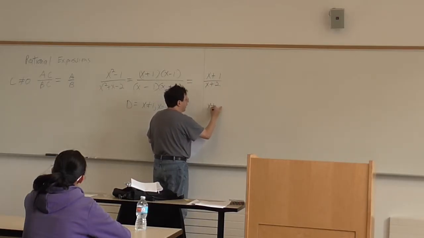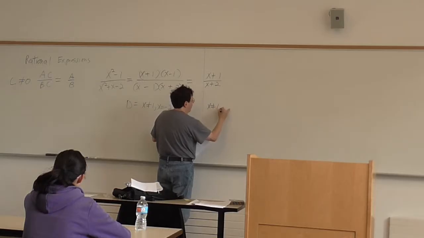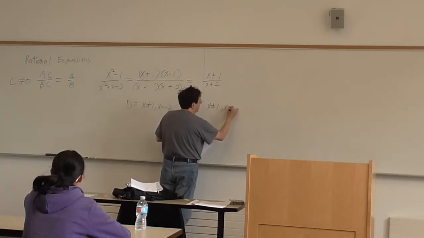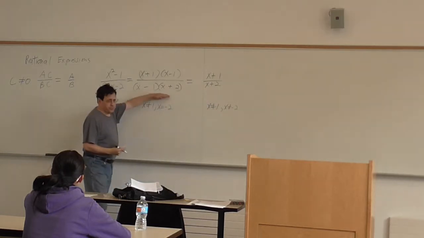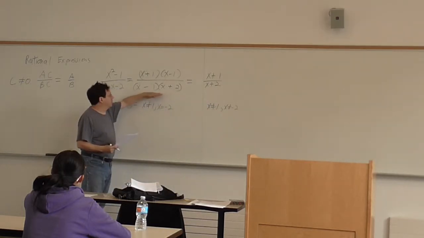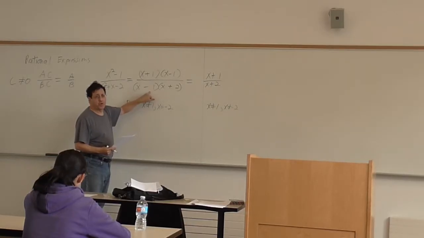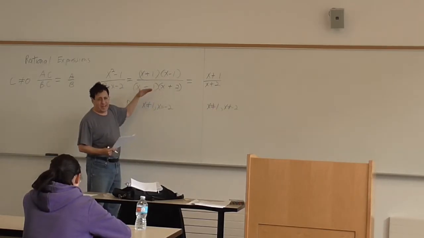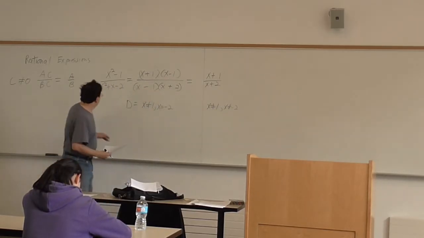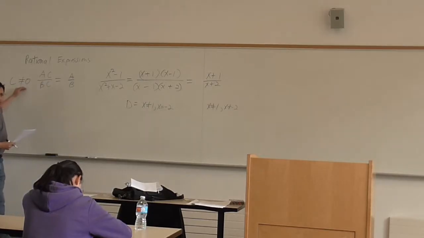But you still cannot use 1 or minus 2. That's because while we've simplified this, the original expression would still be undefined if x were 1. You're still dividing by 0. Just because you're multiplying by 0 and dividing by 0, you can't cancel that. That's why this C not equal to 0 is so important.